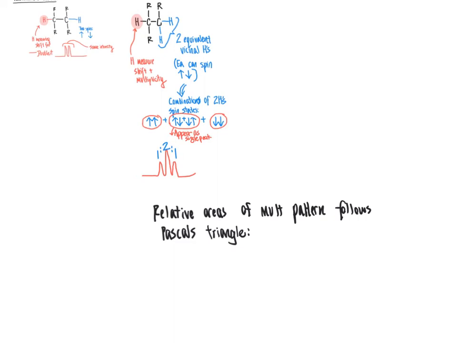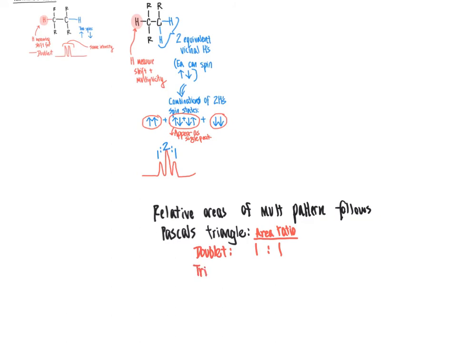And so what happens here is that we have a series of established patterns where if we have a doublet, then the ratio of the areas is going to be 1:1 for the two peaks of that doublet.